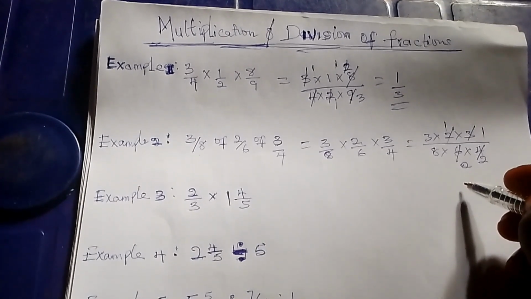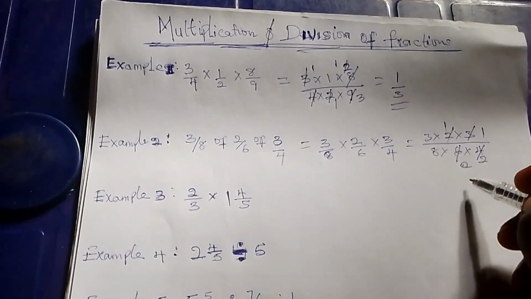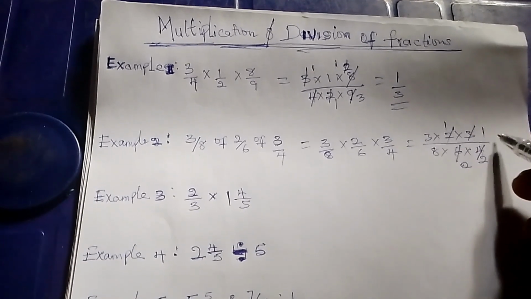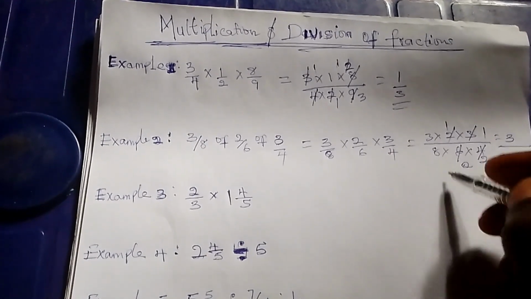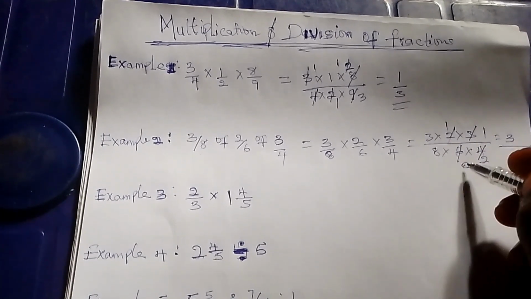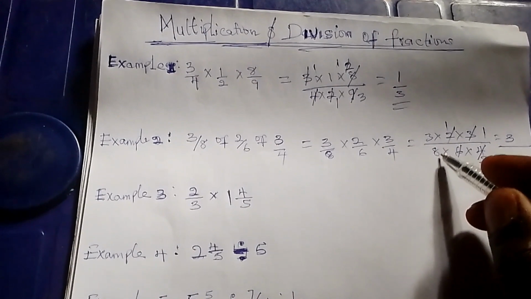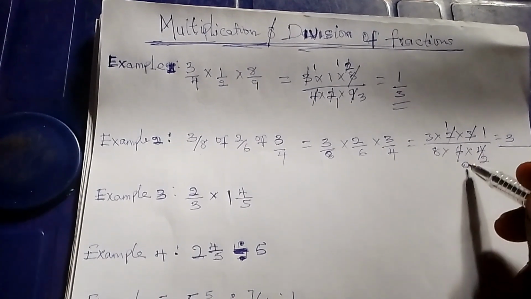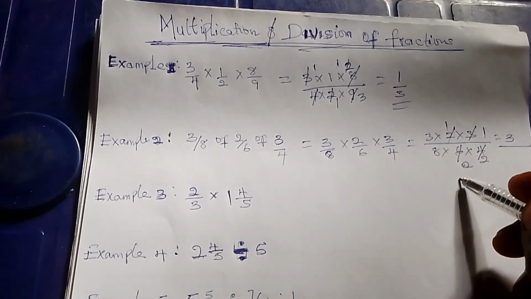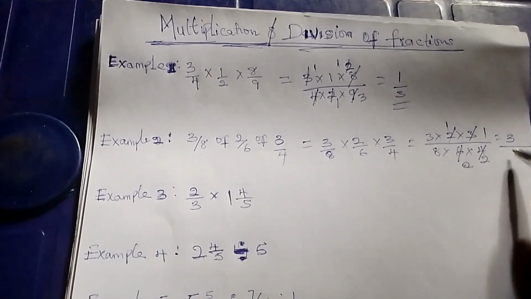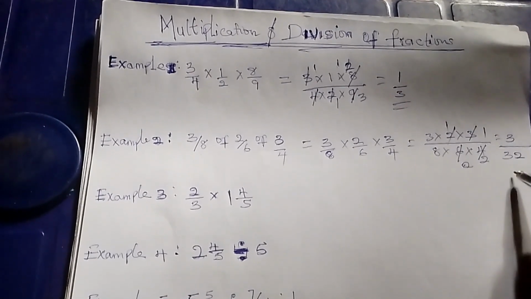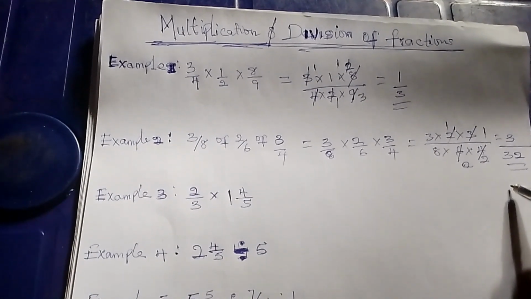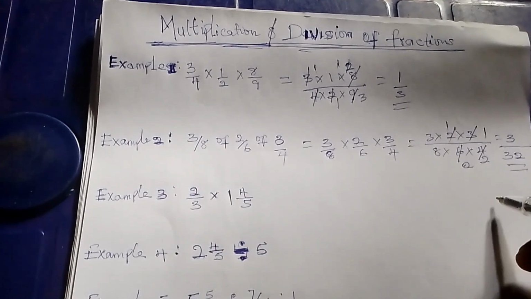And what we are now left with on the numerator becomes 3. Then on the denominator, what remains is 8 times 2, 16, times 2, 32. That is 3 all over 32, the solution of our second answer.